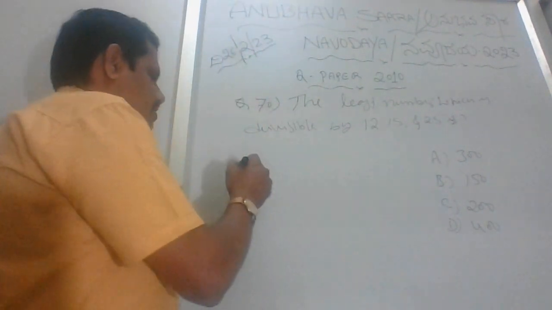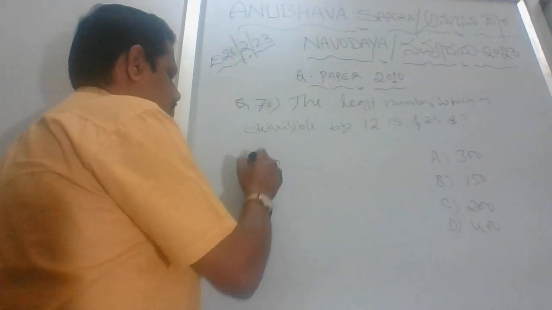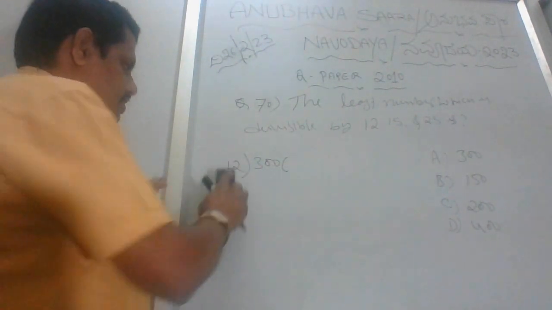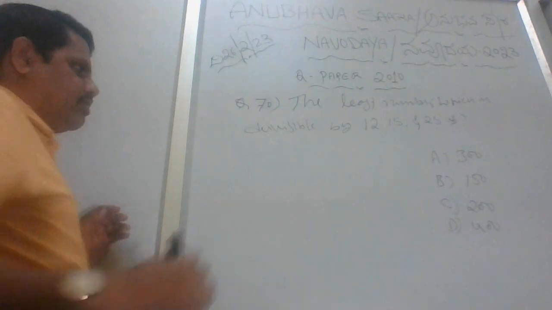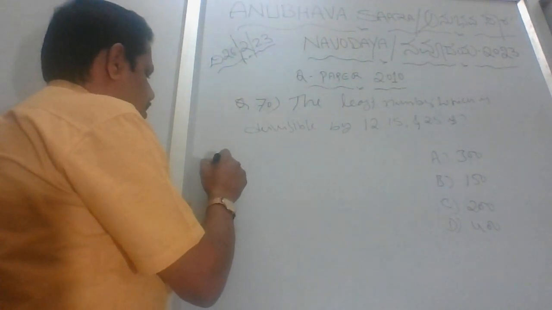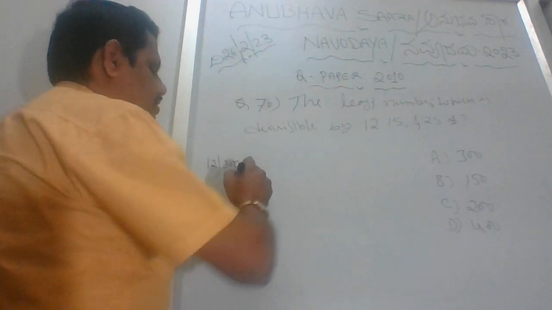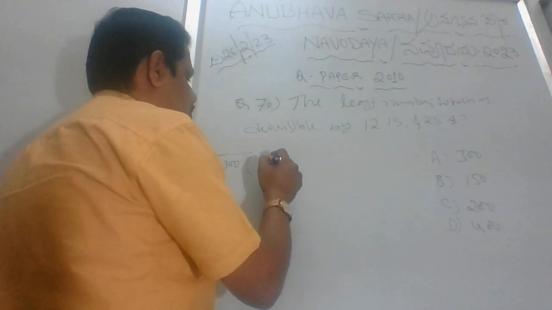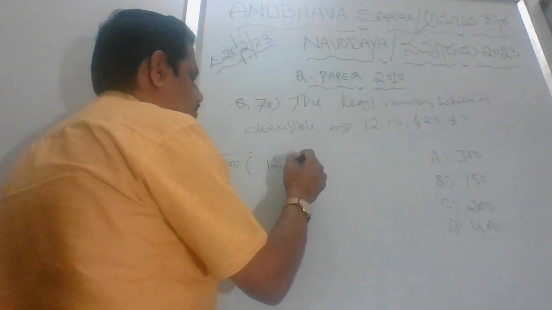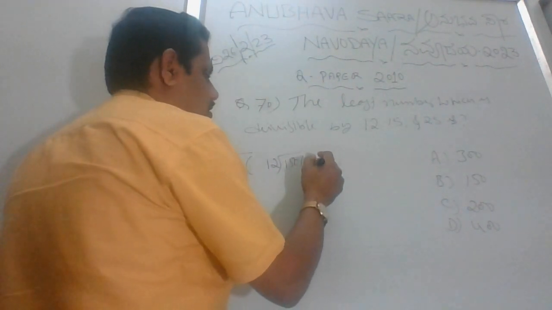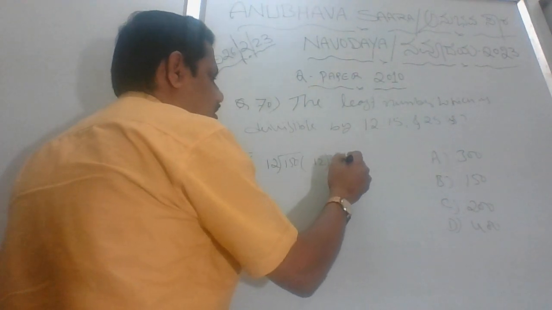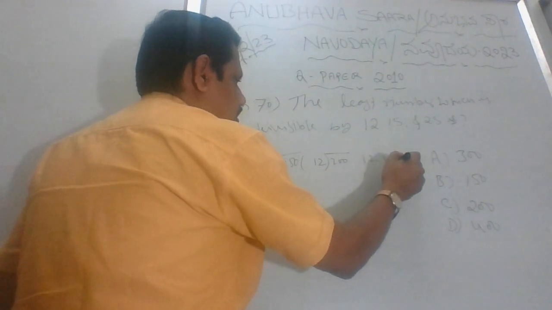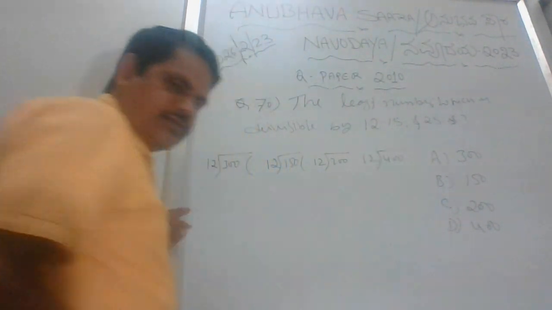I take 300 now and divide by 12. Then 12 into 150, 12 into 200, 12 into 400.